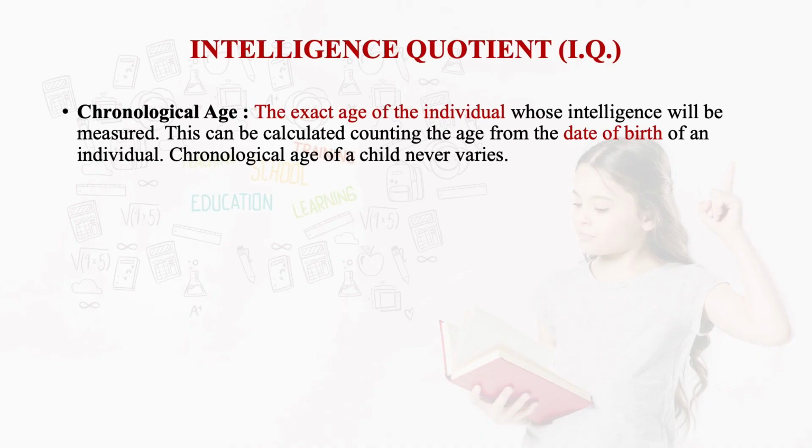So far as chronological age is concerned, that is the exact age of the individual whose intelligence will be measured. This can be calculated by counting the age from the date of birth of the individual. Chronological age of a child never varies.